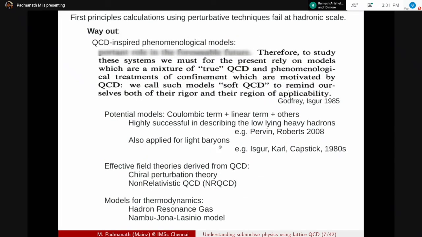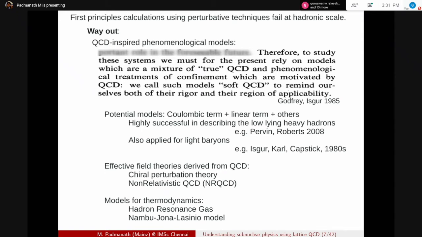So then let's move on to why we need a non-perturbative approach. A first principle calculation using perturbative techniques cannot be done at the hadronic scale. Just to highlight, let me read out what Godfrey and his group said in this regard.